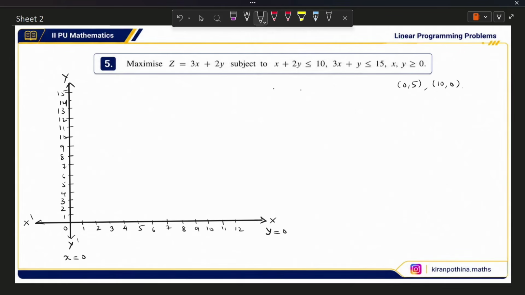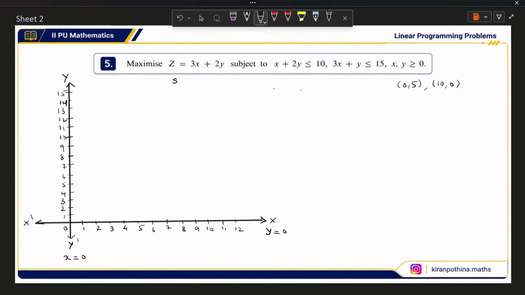If there are bigger values, see here 5 and 10 are there, no? So like that I have taken 1, 2, 3 and so on. If big numbers come like 15, 20, 30, 50, then you can change it like 5, 10, 15, or else 10, 20, 30, however you want you can write, based on the number size.